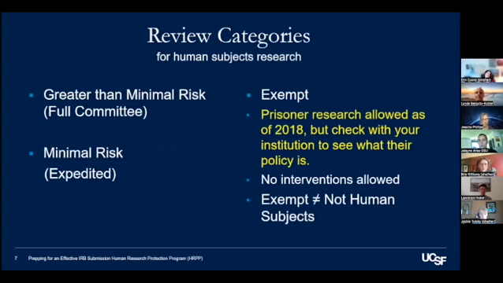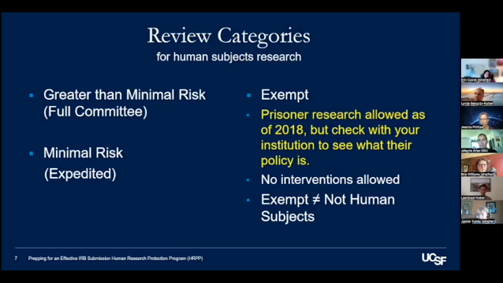And then the risk level correlates to the review. So Expedited will be like our main touchstone. I'll briefly talk about exempt. As of 2018, there are some exempt categories. The categories are listed out, but we won't go over here because I believe each institution is deciding which exempt categories they would allow under exempt certification.